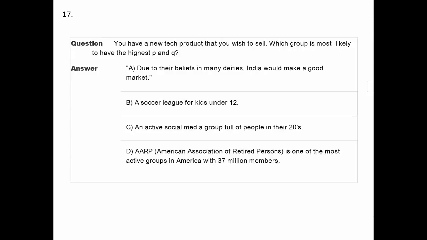This is why they focus on the younger audiences, and especially teenagers, because teenagers have extraordinarily high P and Q. AARP is one of the most active groups in America with 37 million members. Well, yeah, I can have 37 million members. It doesn't necessarily mean they're going to buy something, but they do have buying power, and so the answer is C.